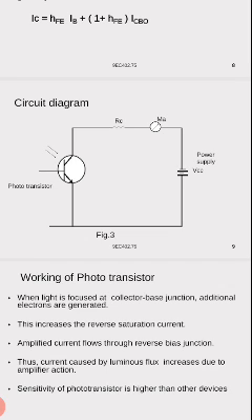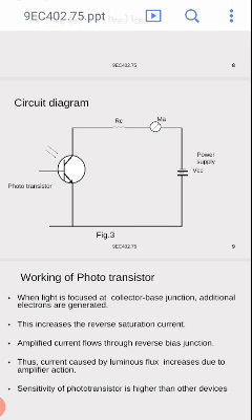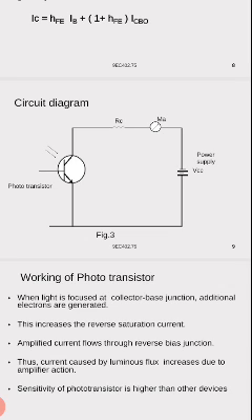Hence, collector current IC equal to HFE into IB. When light falls on the base, current increases, hence collector current increases.